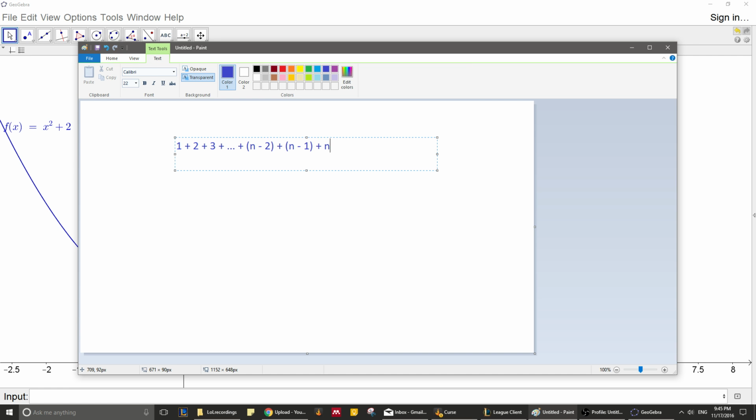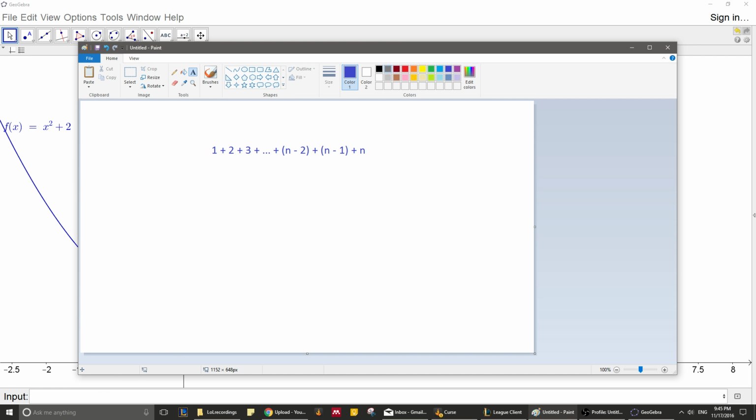Well, we can do that same type of strategy to say, okay, that's going to get me n plus 1. That pair would also get me n plus 1. That pair would also get me n plus 1. So again, I have a bunch of pairs that all add up to n plus 1.